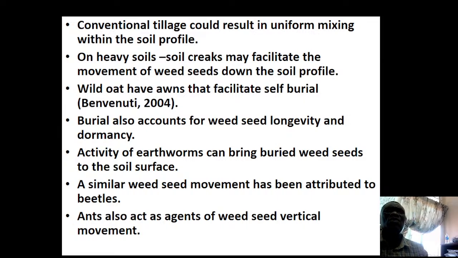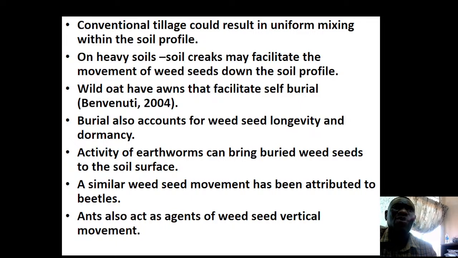There are some weed seeds which can bury themselves in the soil. For example, wild oat has a certain structure which, if it is wet, can uncoil itself and drive the seed inside the soil. Probably you are aware of certain grasses which do the same thing.